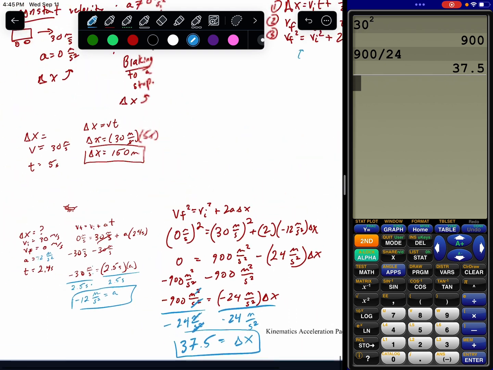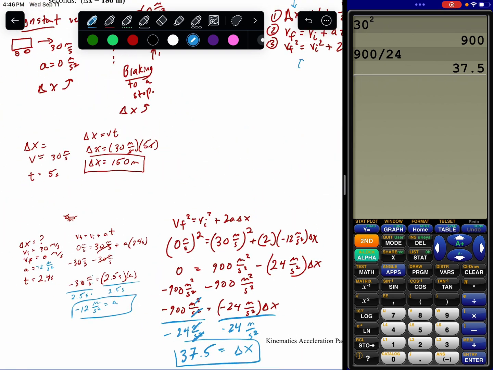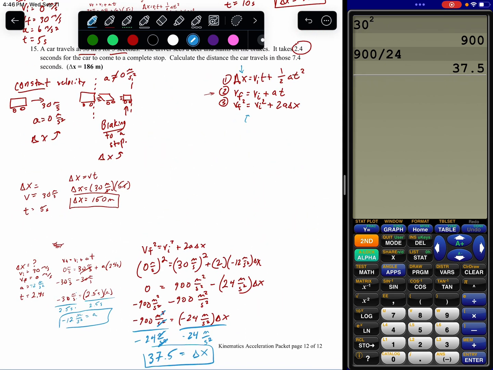Awesome. So then we take a look at what our goal was. Our goal was to figure out the total distance traveled while you're braking. This distance traveled was the 37.5. And the first distance traveled was our very first 150.